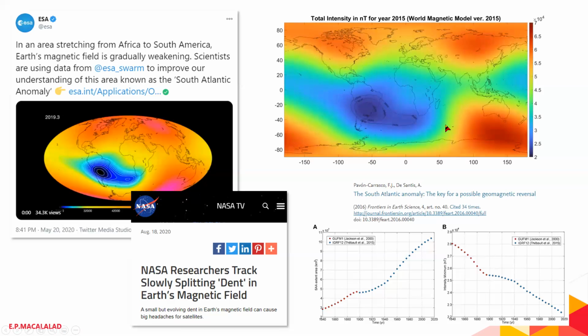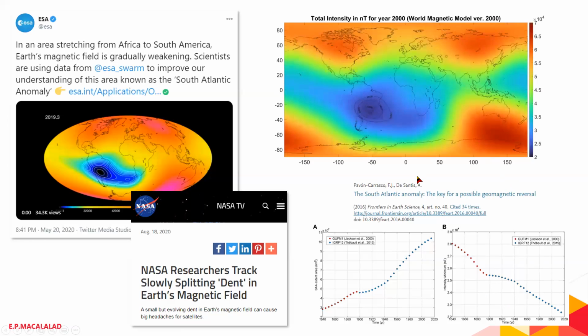Based on models, it appears to be continuously increasing, and the dip is continuously being reduced. But the problem is that the source of this anomaly is still unknown, because remember that the source of the magnetic field of the Earth is not really set in stone.